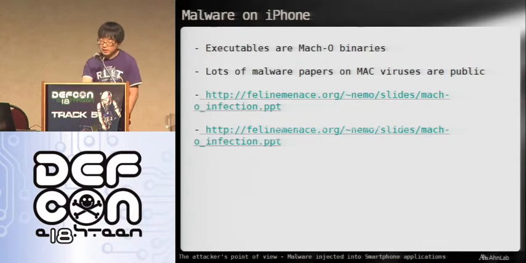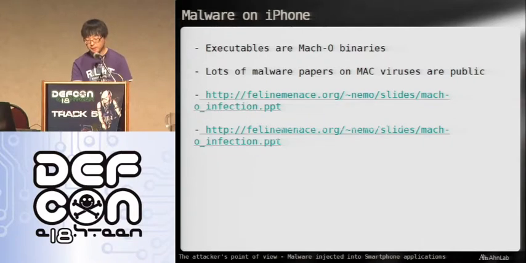Basically an iPhone application package is a zip file, and after unpacking it, you can find the main executable inside, which is a Mach-O binary. And since malware injection techniques for Mac OS X have existed for several years, and all iPhone and Mac executables are in Mach-O format, all the malware techniques for Mac can be used for iPhone binaries.